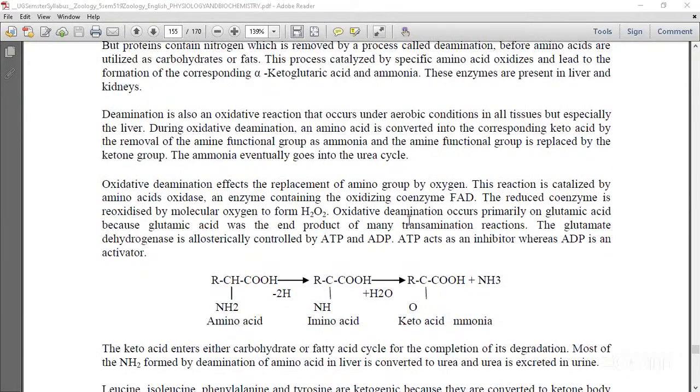Here you can see the overall reaction. The nitrogen group is removed from the amino acid, forming a keto acid and ammonia.